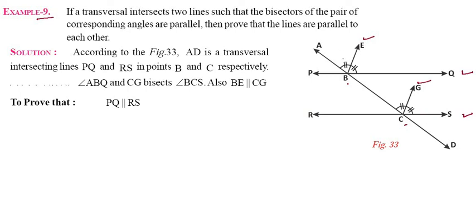Here is BE. BE bisects the angle ABQ. We can write here BE bisects angle ABQ. So these angles are equal. So you can say these angles are X and X, and here is Y and Y.